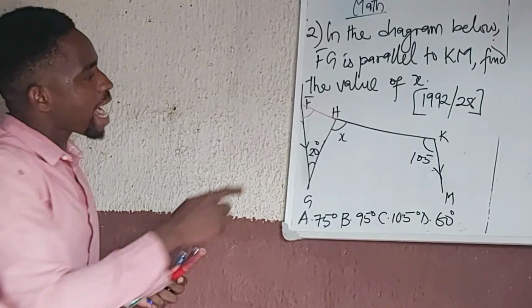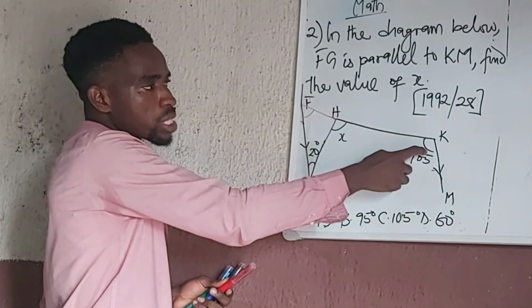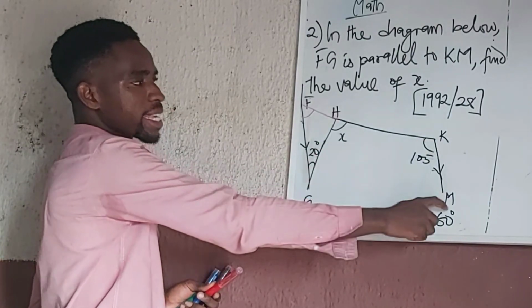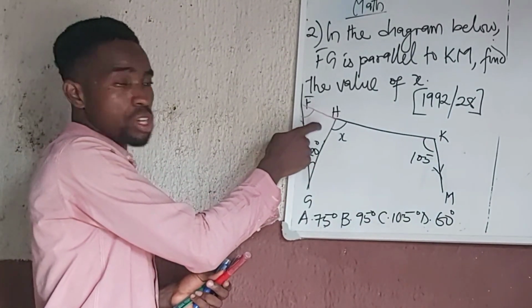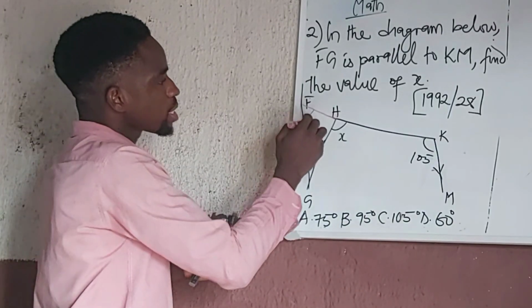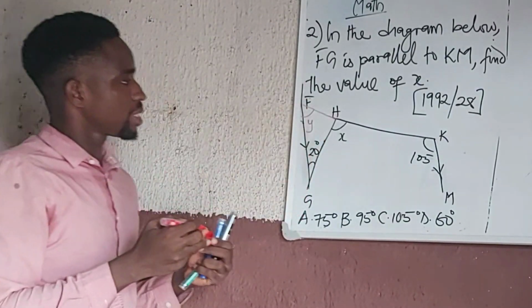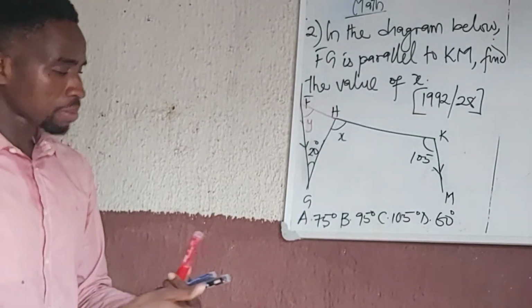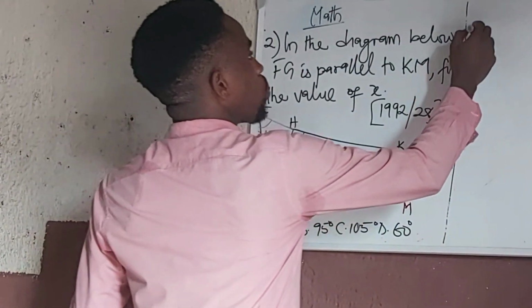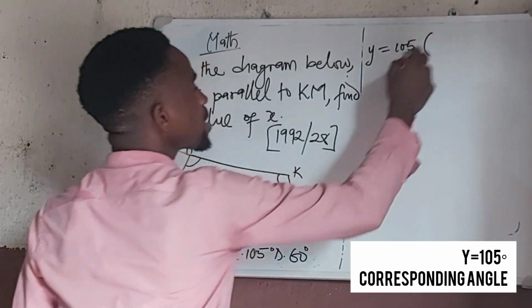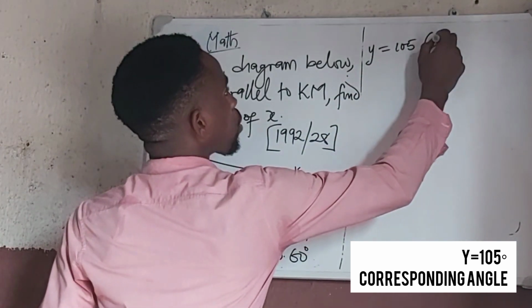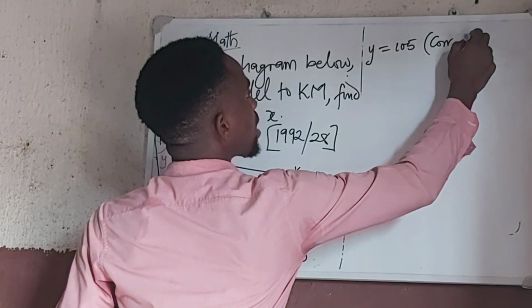So whichever angle it forms here will be equal to the angle it forms here with AM. So if here is 105, it means that here is going to be 105. So we can call this angle Y, and then we'll say that Y is equal to 105, and the reason is because they are corresponding angles.